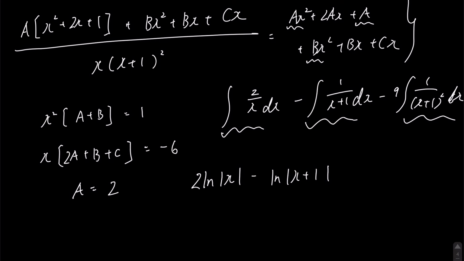You get negative 9 times the integral of (x plus 1) to the negative 2 dx.